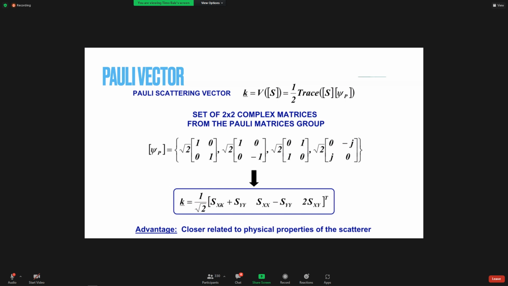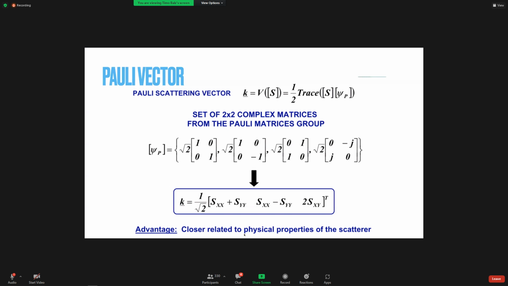One band is HH plus VV, one is HH minus VV, and the last one is the VH or HV. And then you have such a scattering vector, and typically we make one the red channel, green channel, and blue channel, and then we can visualize it on a computer screen.